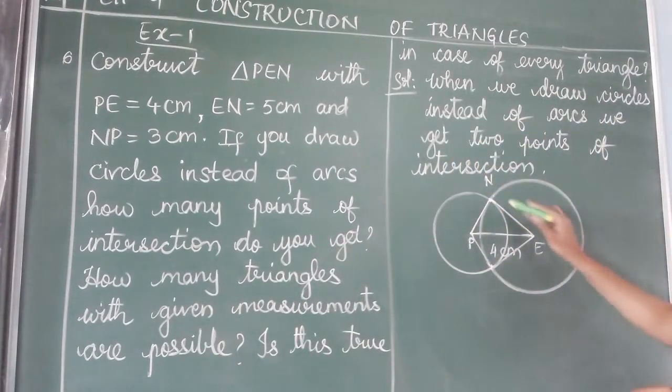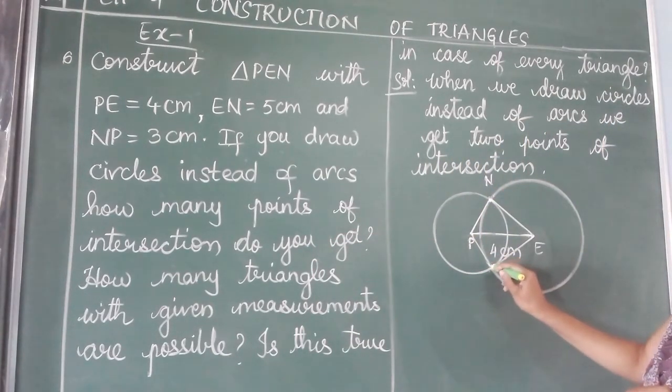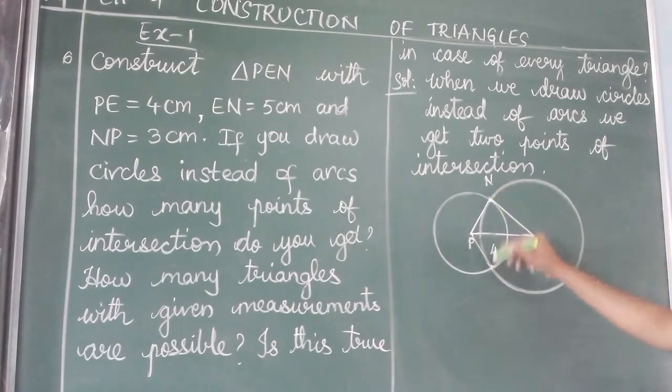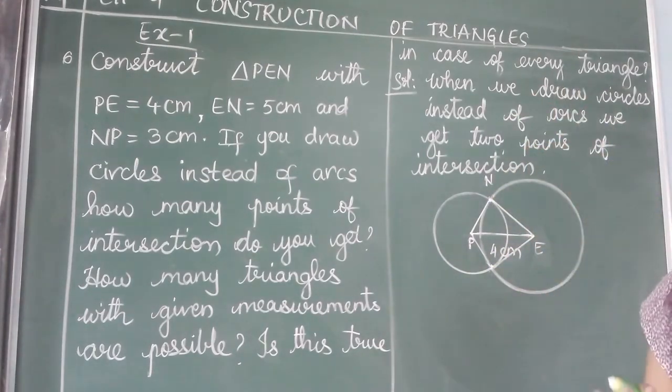Understood this? So here is one point and here also is another point. So 2 points we got, and that is what we have written.